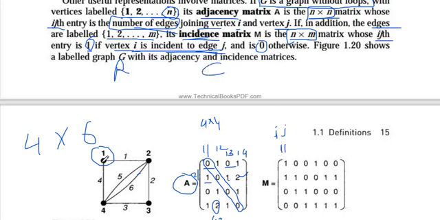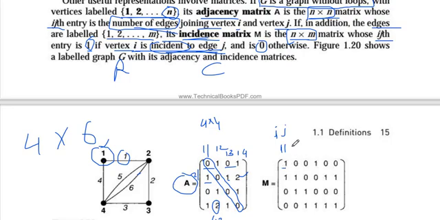So first row, first column, and you have to check incident. Incident means near. First vertex and first edge: this is incident, it connects the vertex and the edge, so it should be 1.